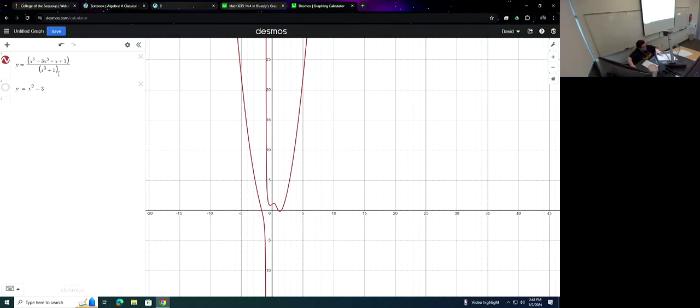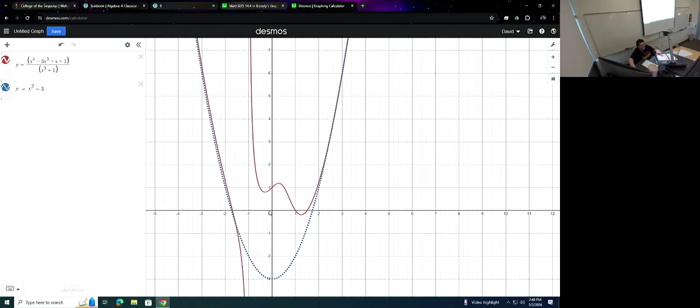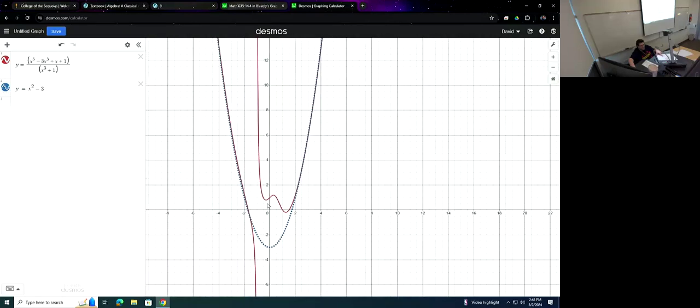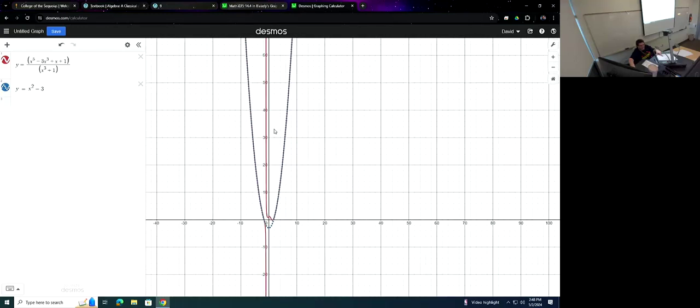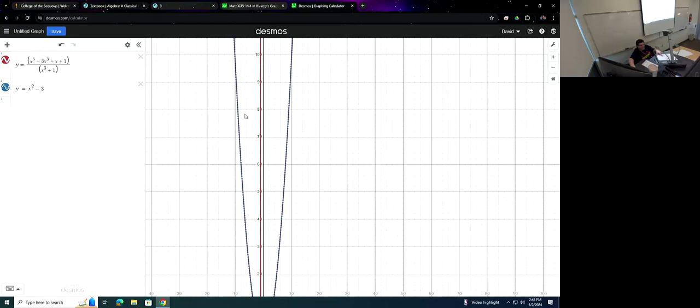But this thing here, without this, check out what happens if I plot that. As we get away from the center of the graph, they're the same.